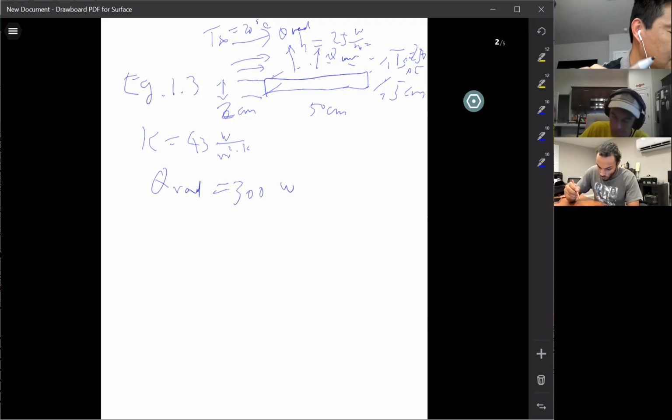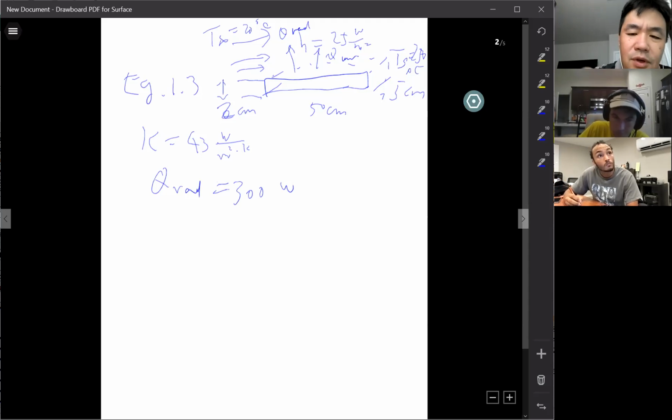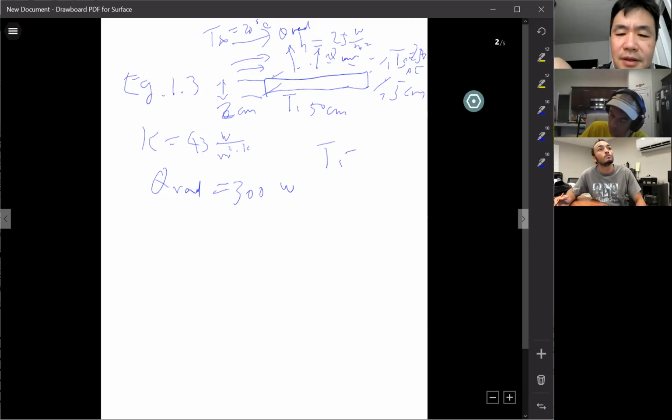The heat conduction through the plate must be equal to the sum of the convection and the radiation. So this problem starts from this. We want to calculate the temperature on the other side of the wall, let's say T1. On the other surface, the temperature is 250 degrees Celsius, given from problem 1.2.